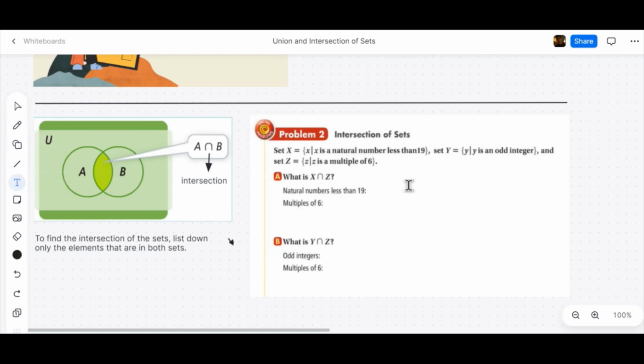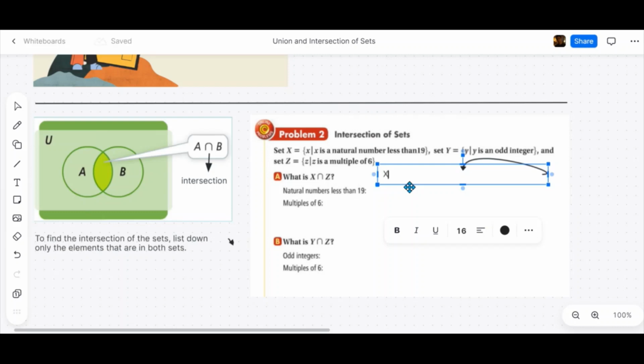Set X says it has to be natural numbers but less than 19. As we all know, natural numbers start with 0. So we have 0, 1, 2, 3, and that continues until it reaches 18, since the condition says less than 19.